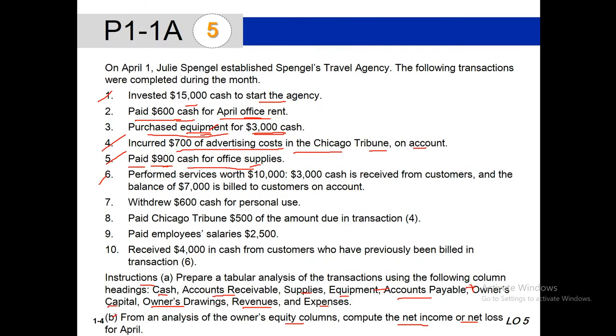Now transaction 6, performed service worth 10,000. From this 10,000, 3,000 cash is received from customers, and the balance 7,000 is billed to customers on account. So for this 10,000, our owner's equity will be increased, and our cash will be increased 3,000 received from customers, and the balance 7,000 is billed, that means the accounts receivable will be increased.